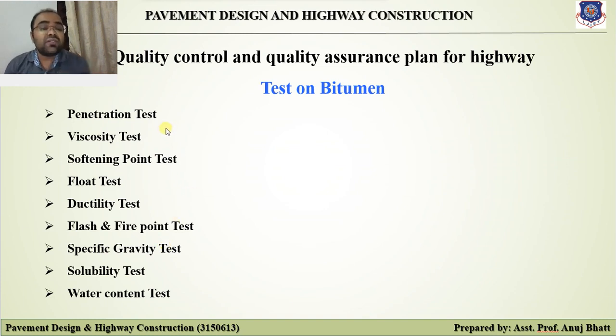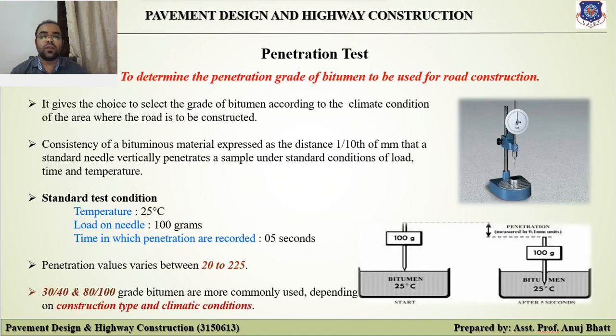So we are starting with the first one, that is penetration test. The penetration test is to determine the hardness or the softness of the bitumen by measuring the depth to which a standard loaded needle will penetrate vertically in 5 seconds.